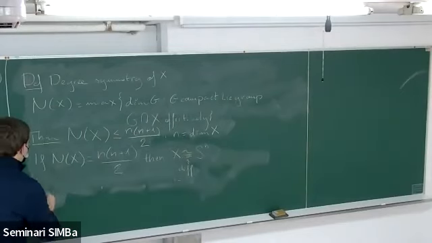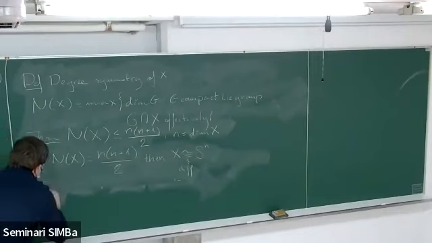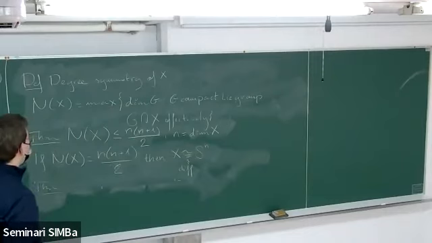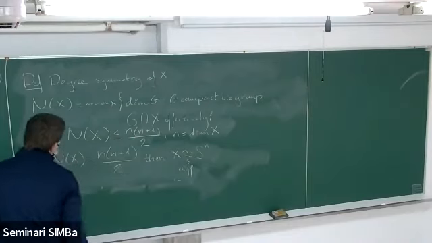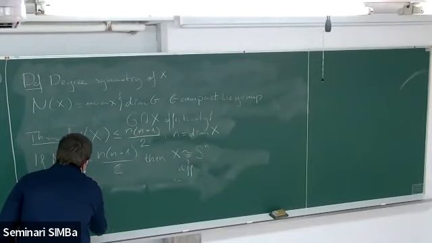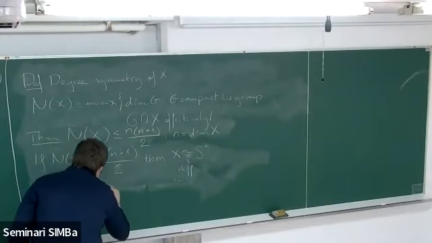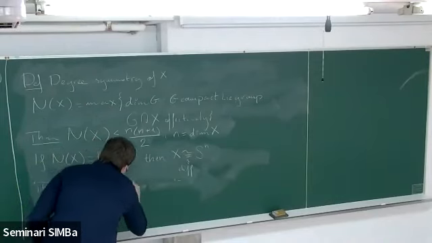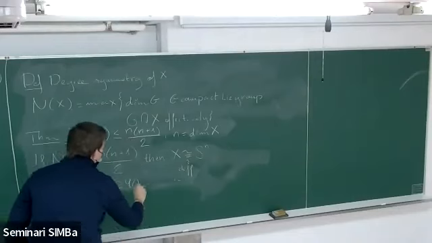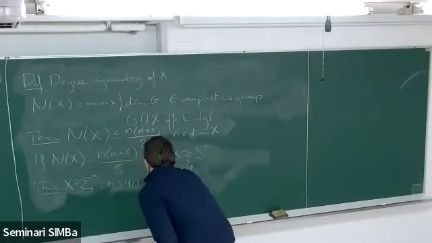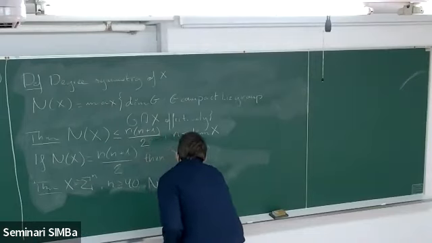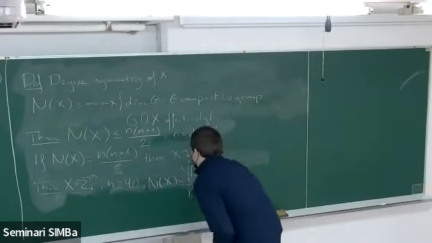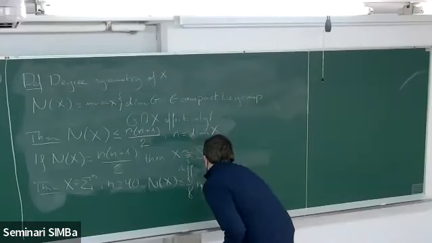For example, another theorem says that if x is homeomorphic to an exotic sphere of 5 dimensions, then this degree of symmetry is easily equal to n squared.